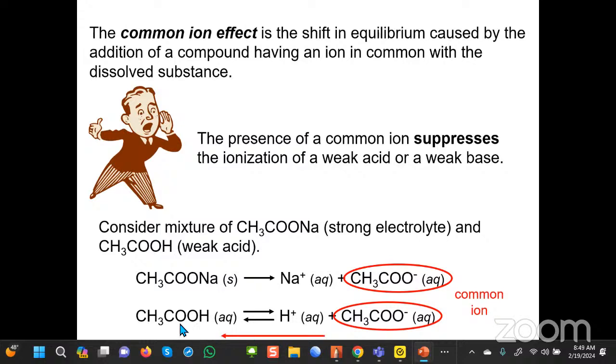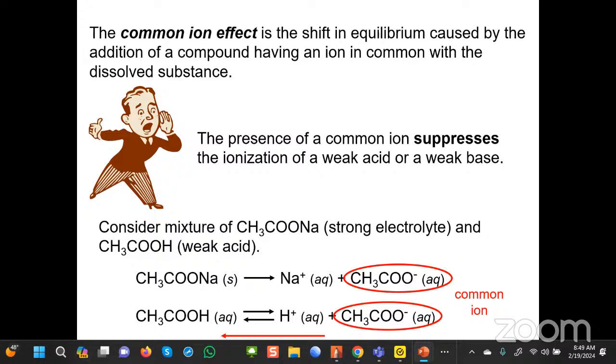That means basically that the percent dissociation of acetic acid will be less because of the equilibrium shift to the left, reducing the concentration of H+ ions and increasing the concentration of the acetic acid molecules, all right? So this is basically what happens in this effect, the common ion effect. The presence of the common ion, in this case, the acetate ion, is going to reduce the level of dissociation or the percent dissociation of the acetic acid.